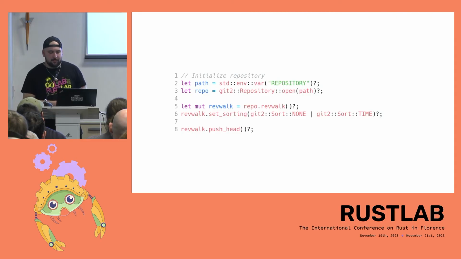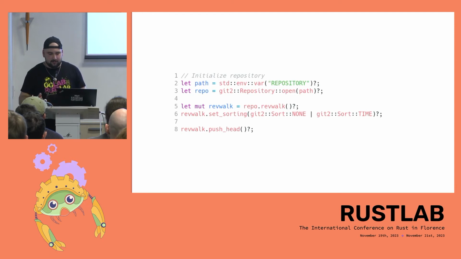And then we open the path, and this is what I mentioned about the .git folder. So it opens the .git folder and parses the contents. And then we create something called revwalk. Revwalk is simply an object that enables you to traverse the Git history and objects inside the Git repo.